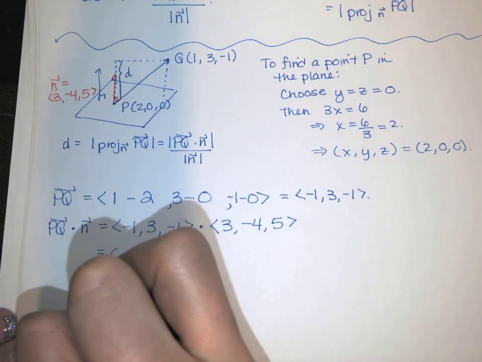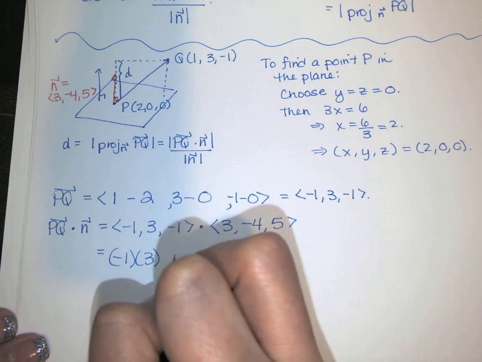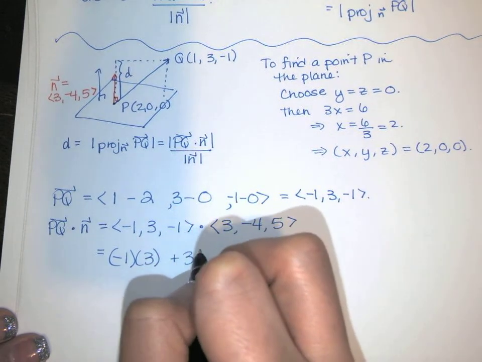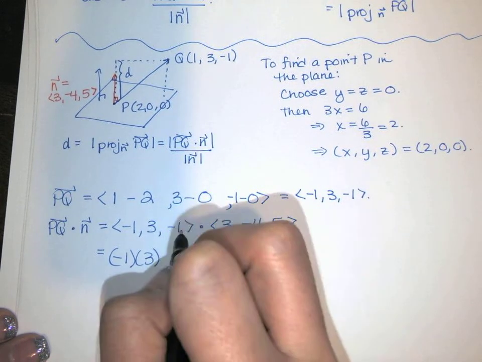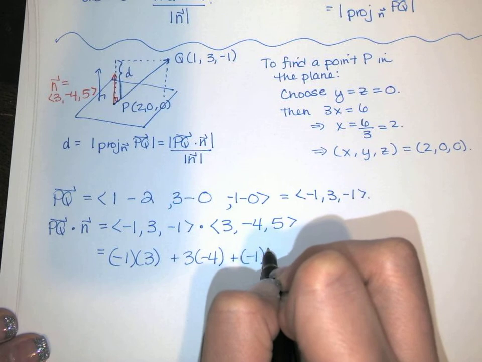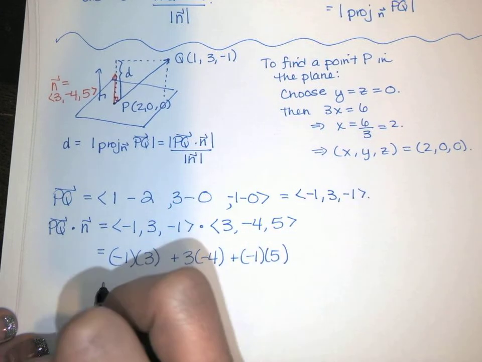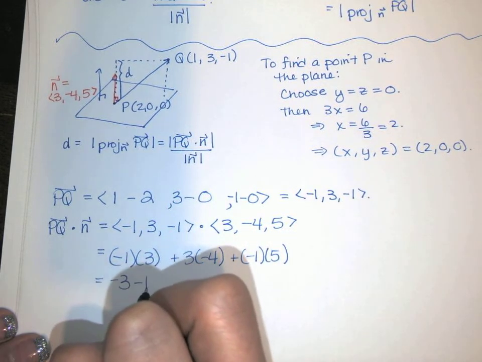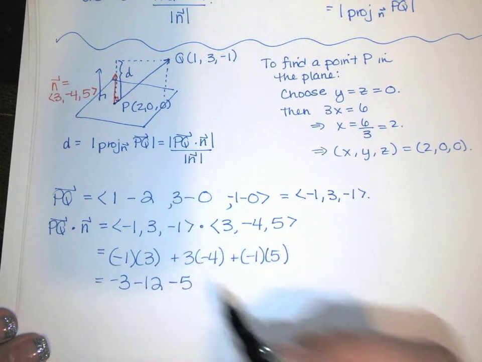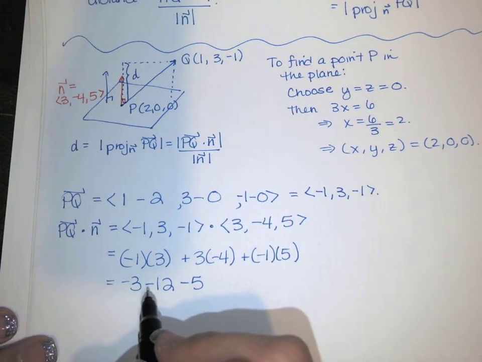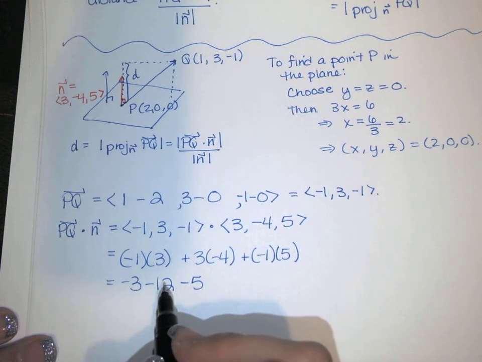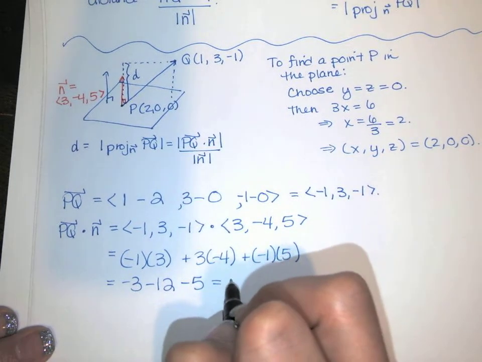So we have -1 times 3 plus 3 times -4 plus -1 times 5. So we get -3 minus 12 minus 5. So that's -8 minus 12 is -20.